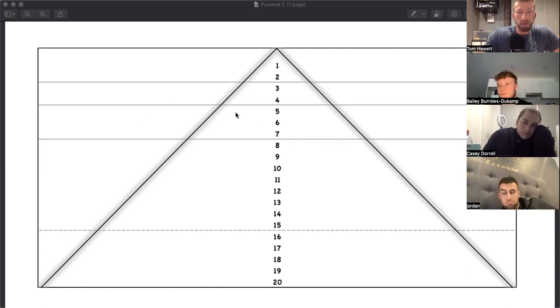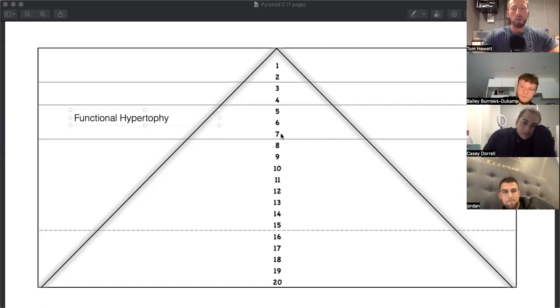So let's go functional hypertrophy. In this zone here, we can talk about some training systems that would make up functional hypertrophy. So your 5 by 6 to 8, that would be functional hypertrophy.